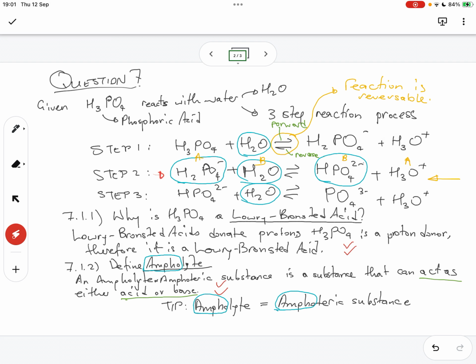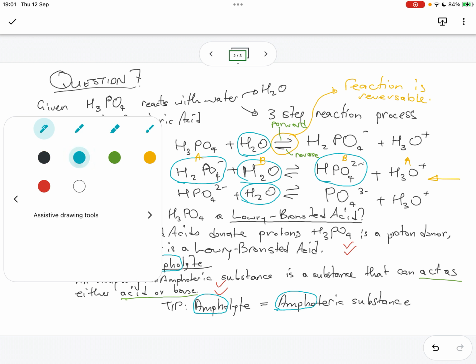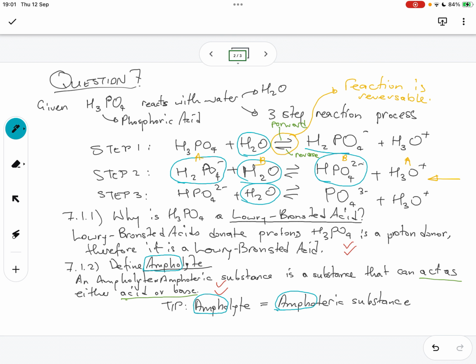In this case, it's reacting as an acid. But in the reverse reaction, it was acting as a base to get the original reactant. So yes, this is an ampholyte. That is an ampholyte, that is an ampholyte.